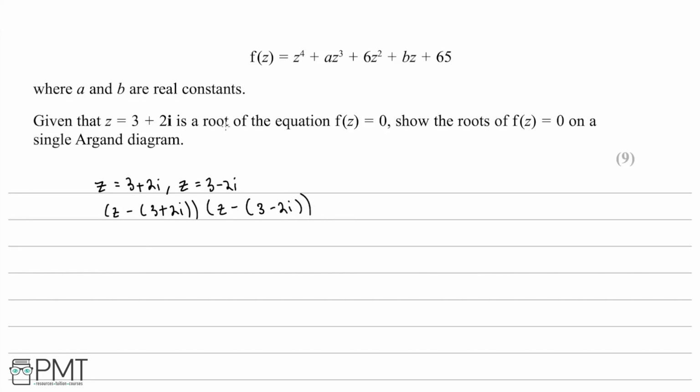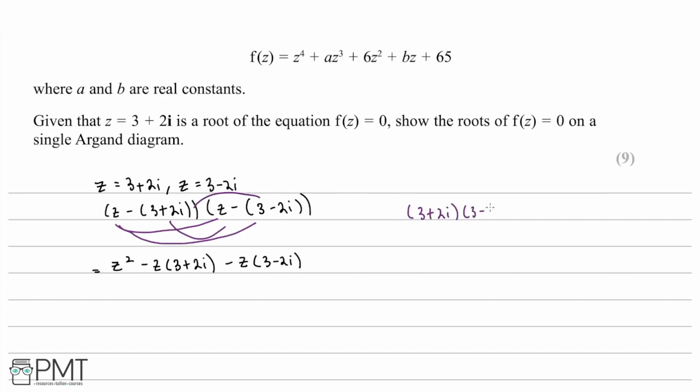Now we can expand these brackets out. Z multiplied by z is equal to z squared, so it will be z squared, and minus 3 plus 2i times z will be minus z times 3 plus 2i, and similarly z times minus 3 minus 2i will be minus z times 3 minus 2i, and finally minus 3 plus 2i times minus 3 minus 2i will be the same as 3 plus 2i times 3 minus 2i.